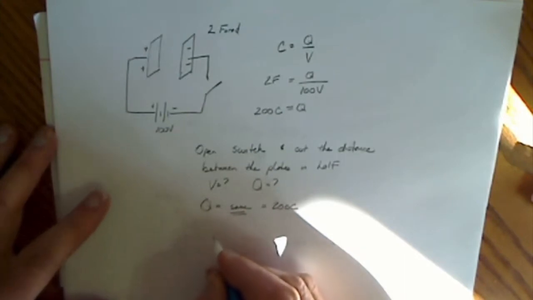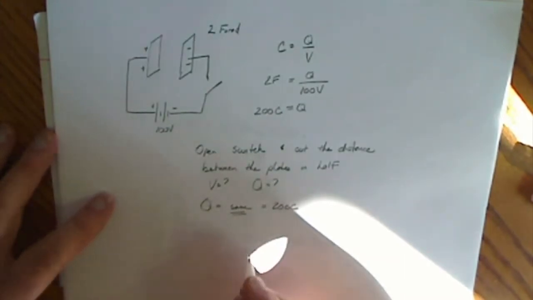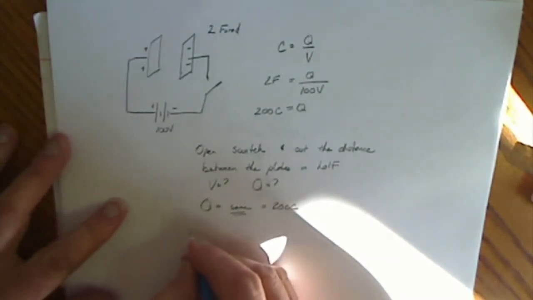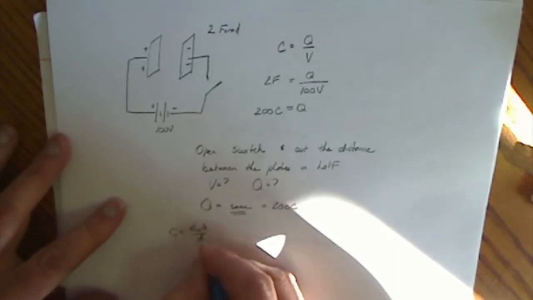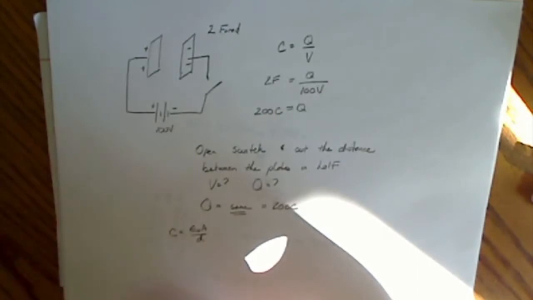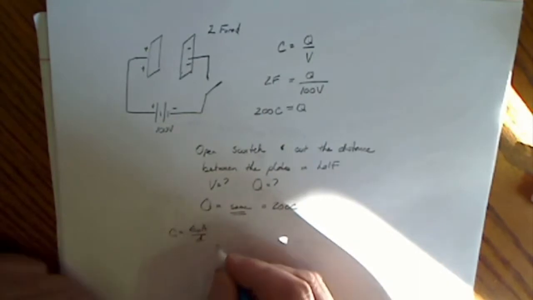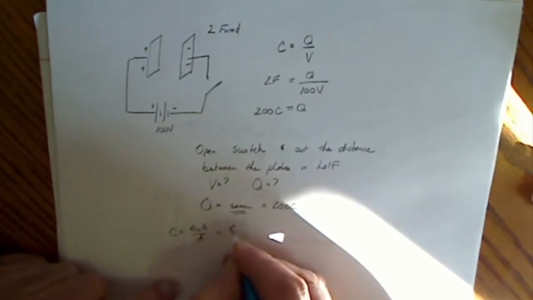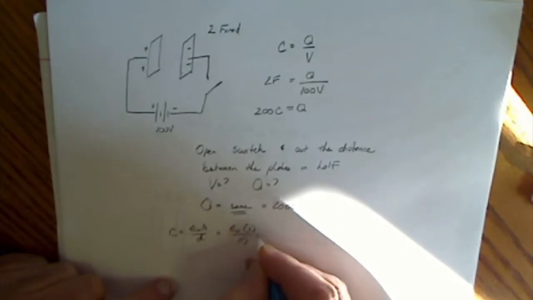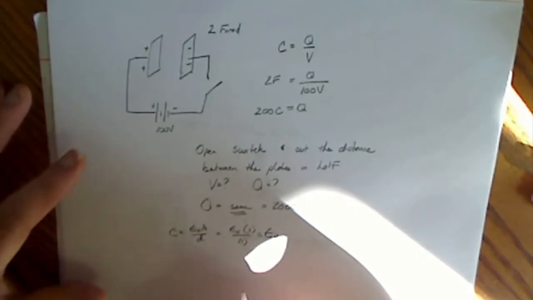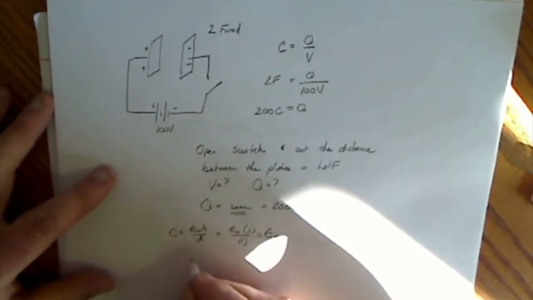However, what's going to happen to our voltage? Well, first of all, if we cut the distance in half, we know our capacitance is equal to epsilon 0 A over D. Let's throw some simple numbers in there and see what happens to the capacitance. If I throw in all ones, leave the constant as 1, I just get epsilon 0. Now, let's say we're going to cut that distance in half.